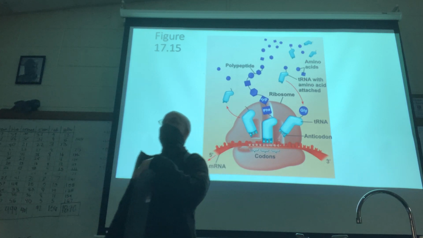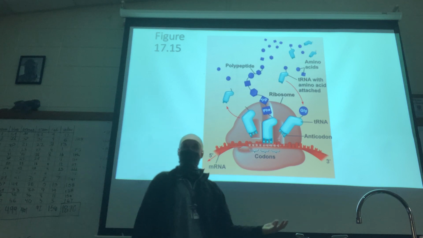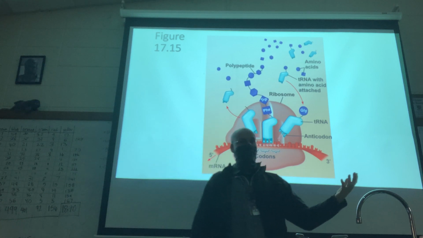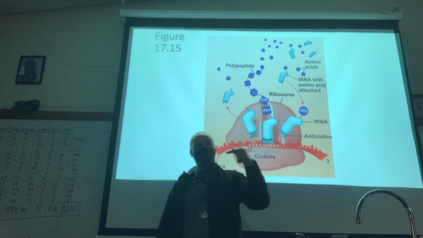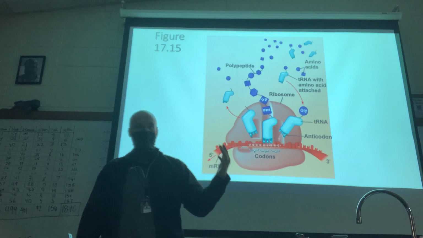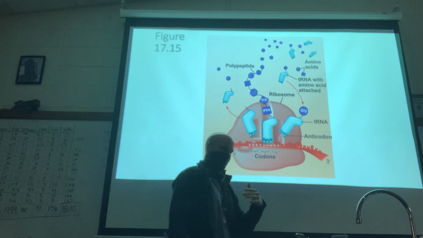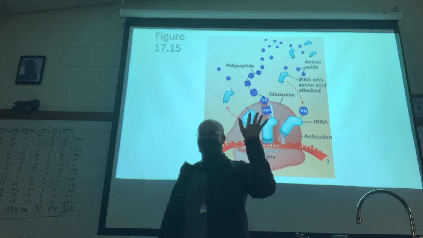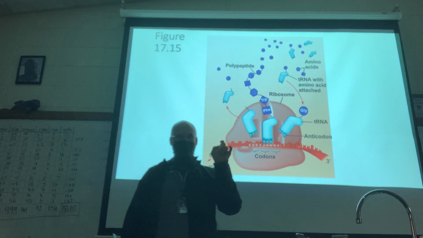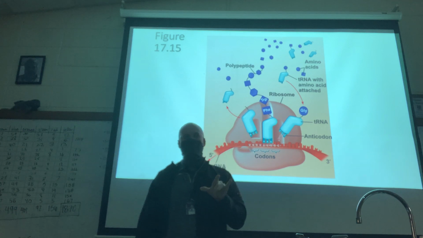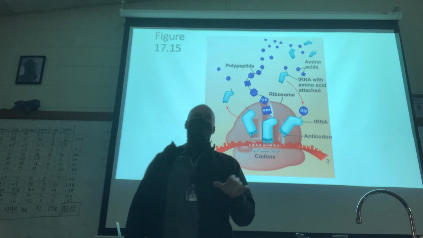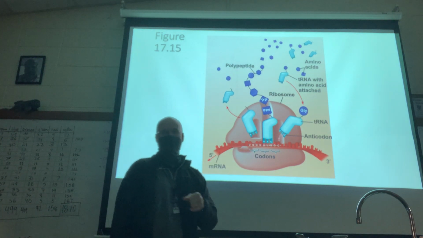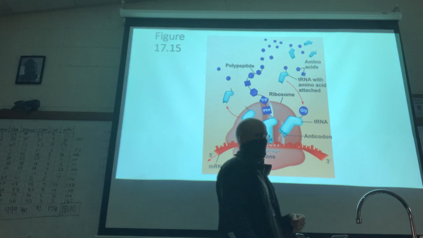We went into a bit of detail about transcription, about RNA polymerase, separating the strands, writing a strand of mRNA based on what the DNA template strand says, and then how introns are cut out and the exons are glued together, and you finally process it down to the final message that the nucleus is sending to the ribosome.